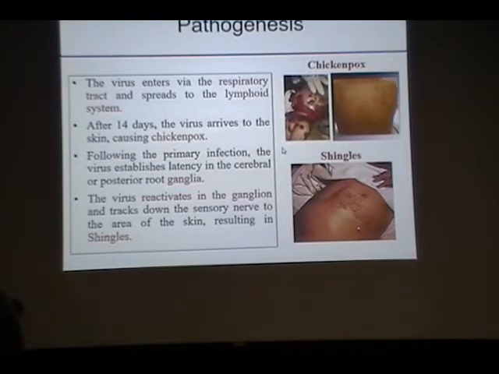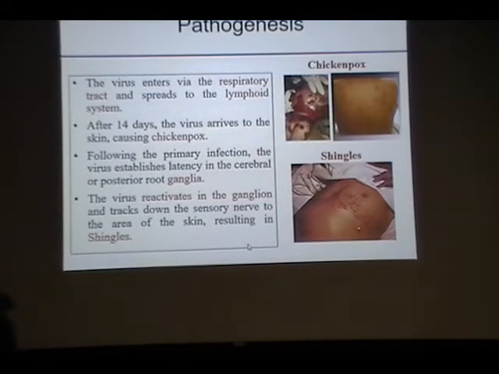So it's a self-limiting disease. And eventually, the virus will travel to your ganglia and establish latency. As I mentioned, the virus can reactivate and make new virus, and then it travels down through the same sensory nerves to infect your skin again, and that is when shingles occurs.